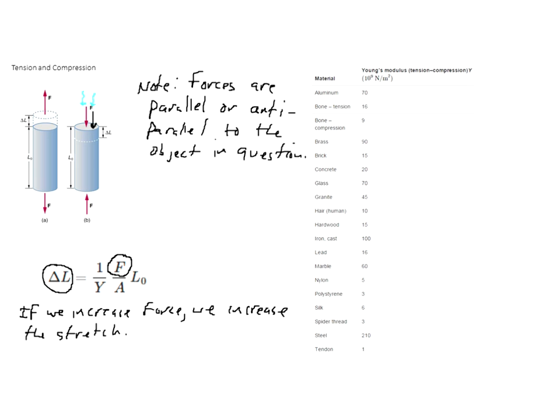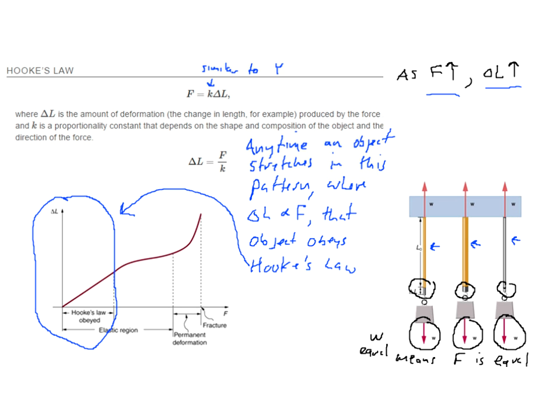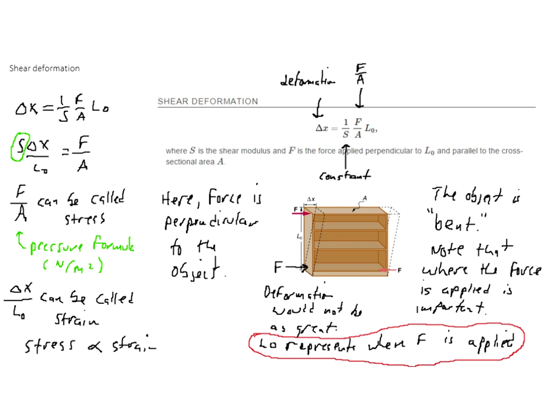As I said before, let's just kind of review. Note the similar format in these formulas. Delta L equals some constant times pressure times the initial length. That's really just a specific application of this thing called Hooke's law. So anytime there's a proportionality between how much force is exerted and how much that object deforms, that object obeys Hooke's law.